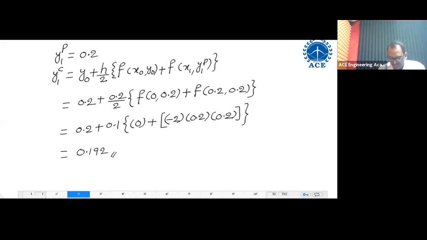Please verify. If you have a doubt, you can solve the same problem using second order Runge-Kutta method also. The difference is within 0.05. We can stop. Problem number 3.